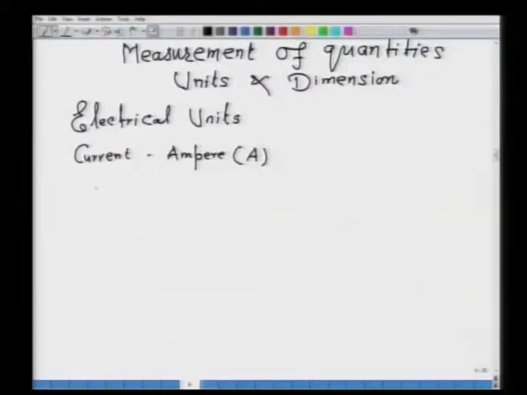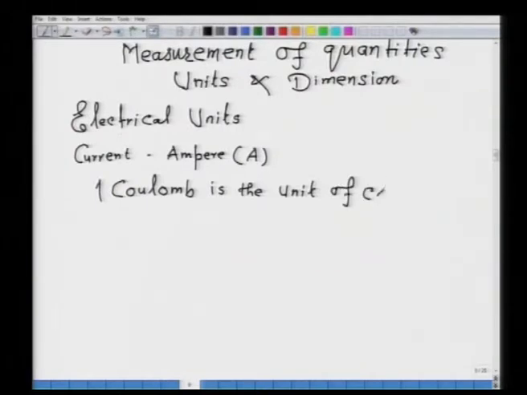Now, 1 coulomb is the unit of charge, and that means this is flow of 1 ampere per second, that is what 1 coulomb is.